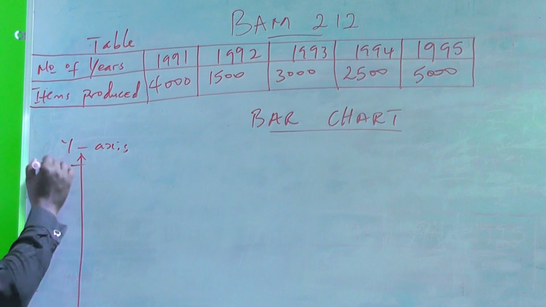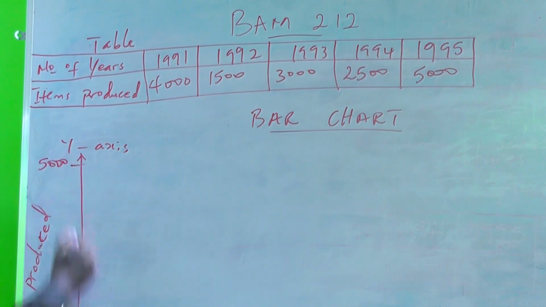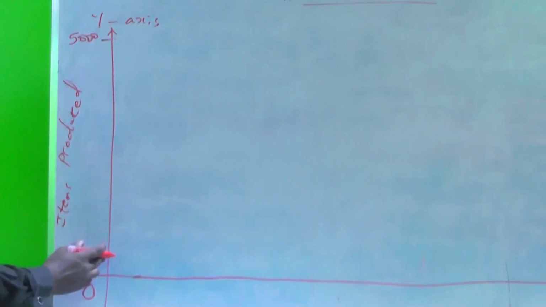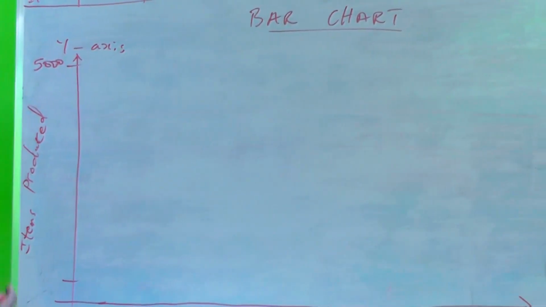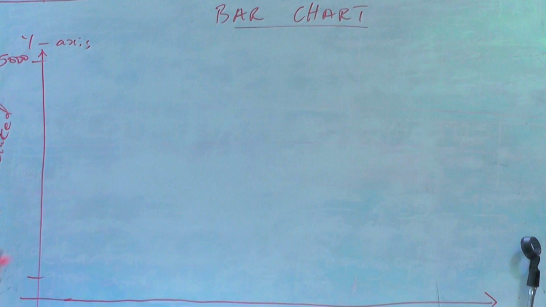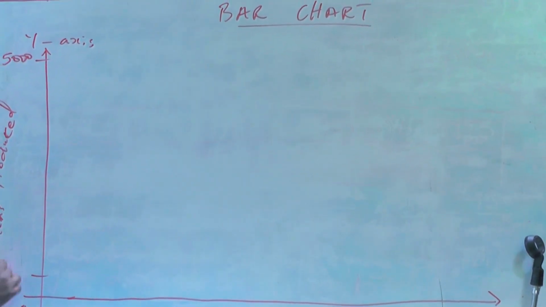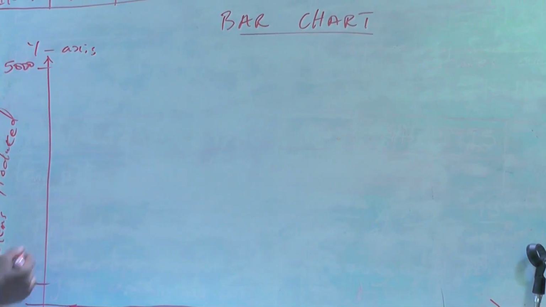So definitely this side is 5,000. And looking at the range now, using your notes, don't forget to make use of your note. The first line is center 0. And the first one, we can say the range is from 1,000, one unit to represent 1,000. So this is 1,000. The production is 1,000.